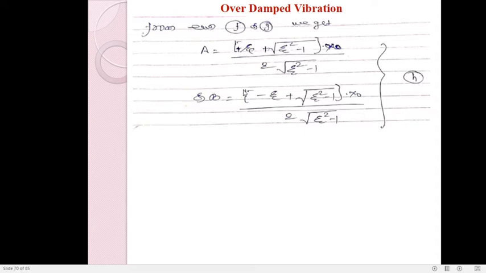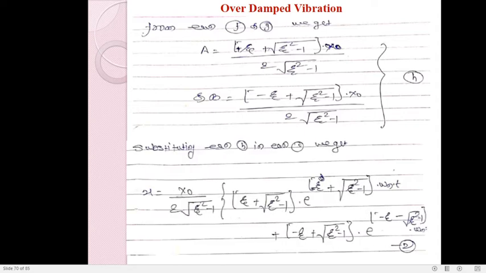Now we have the values of the constants a and b to solve the equation of x, that is the displacement equation. So we will substitute equation H in our equation 1. We could write the equation as x is equal to capital X0 upon 2 into square root of xi square minus 1.